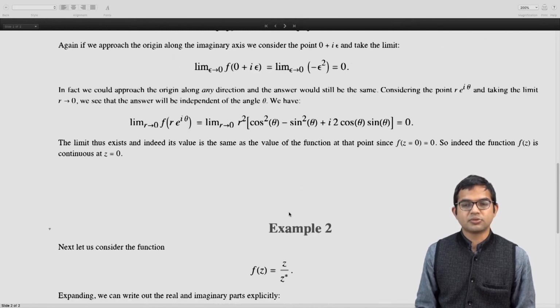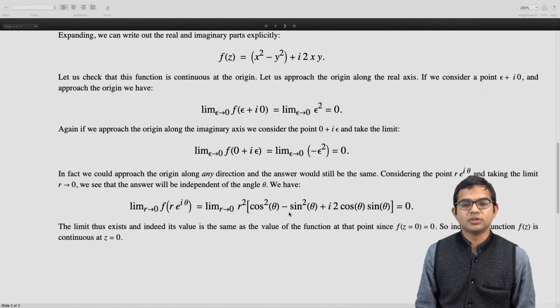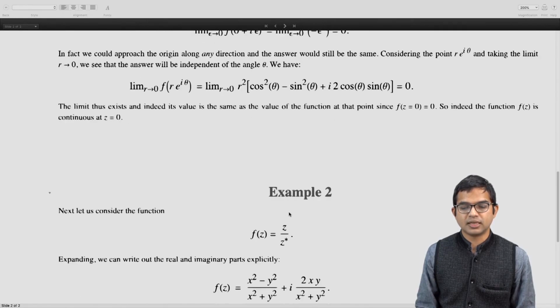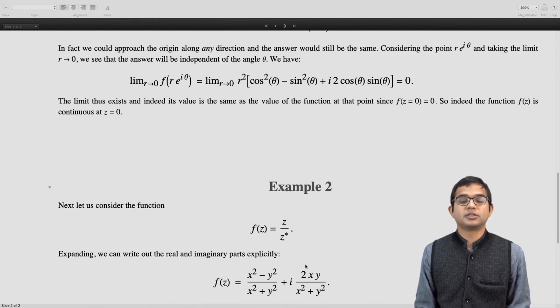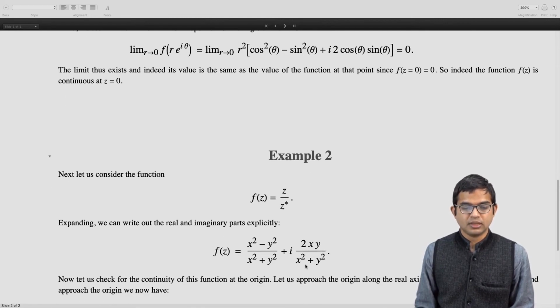The numerator is basically z squared, which we just worked out. So you have the numerator is x squared minus y squared plus i times 2xy. So the real part of this function is x squared minus y squared divided by x squared plus y squared, and the imaginary part is 2xy divided by x squared plus y squared. Now if you try to approach the origin, let's approach the origin for this function along two directions.